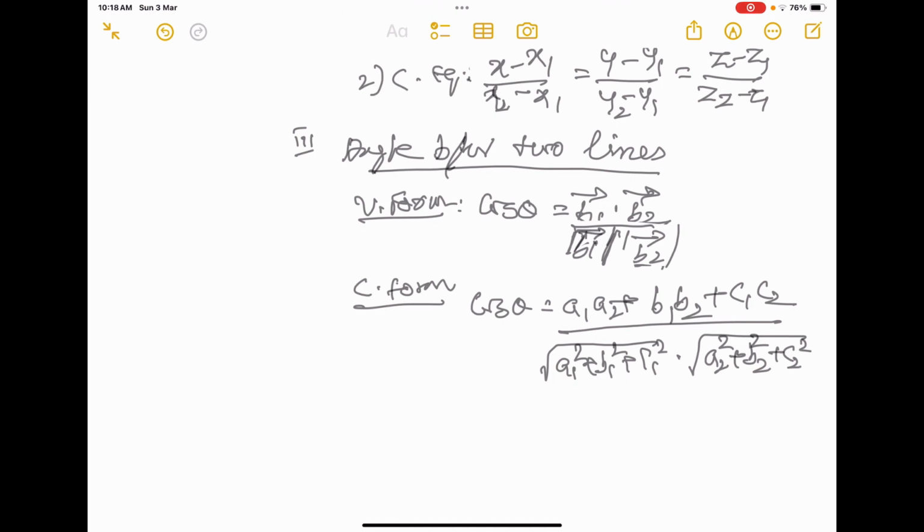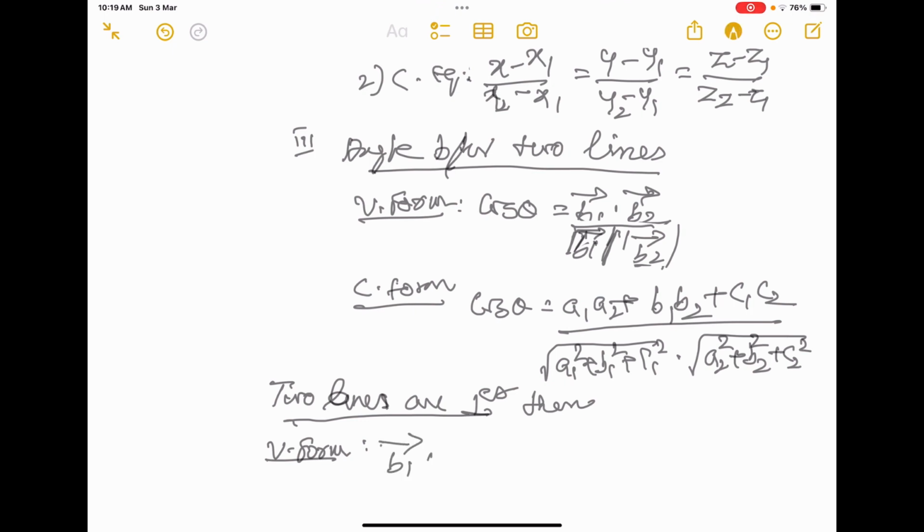Then condition 4, perpendicularity of two lines. If two lines are perpendicular, then in vector form, vector b1 dot vector b2 equal to 0.